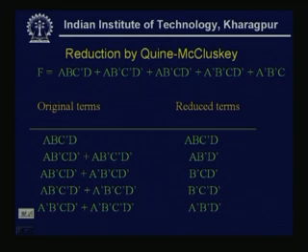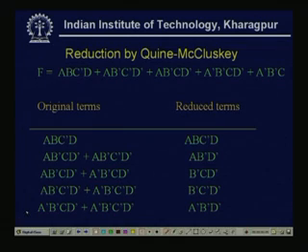So C plus C bar is 1, and the reduced term will be A B bar D bar. Similarly, if I take all possible combinations of 2 such original terms, I will get these 4 reduced terms. This one is not reduced because only one is there.